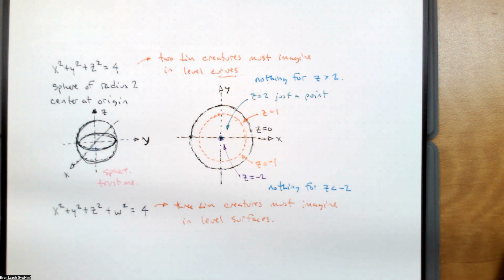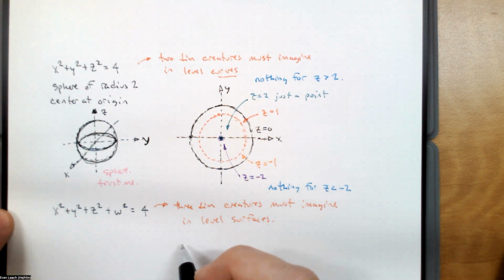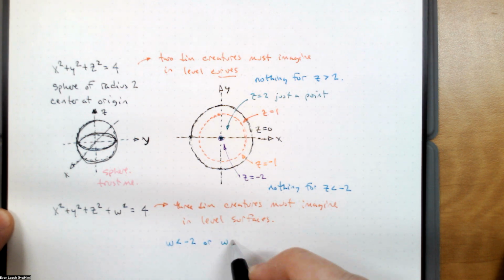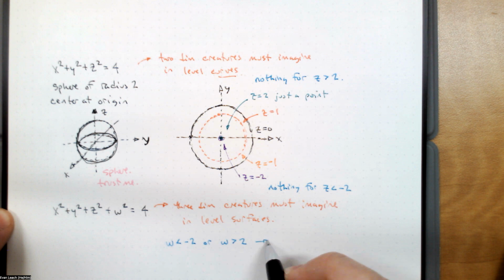And it's the same procedure. Nothing else changes, except I'm not going to attempt to draw it. When W is less than -2, or W is greater than 2, what do we see? Nothing.